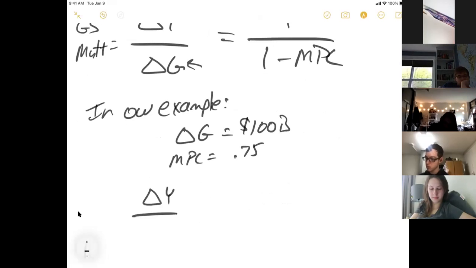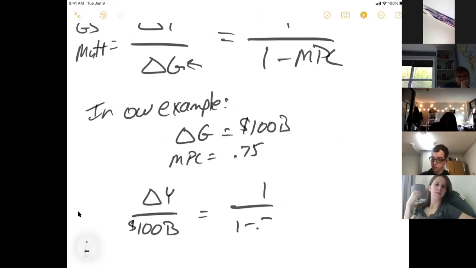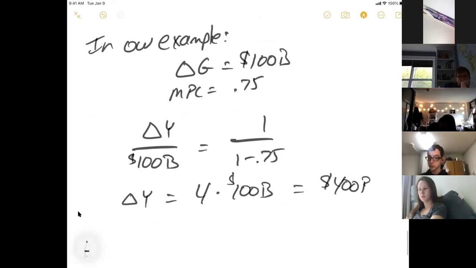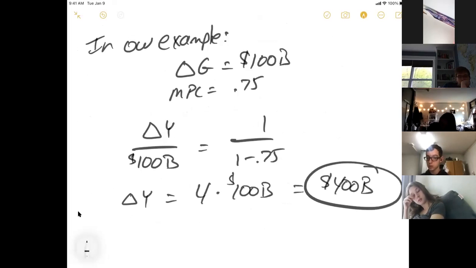So if we plug into this formula, we can solve for the change in GDP that comes about from this change in government spending. In this example, GDP would change by 400 billion.